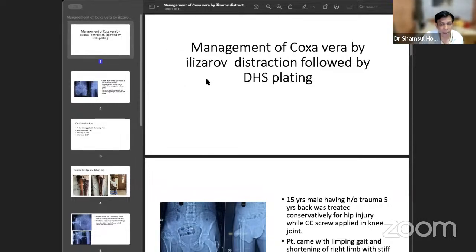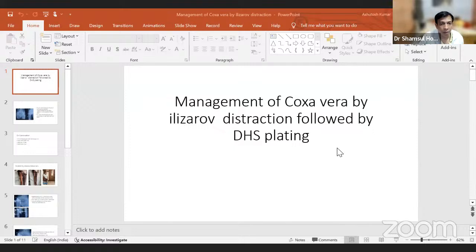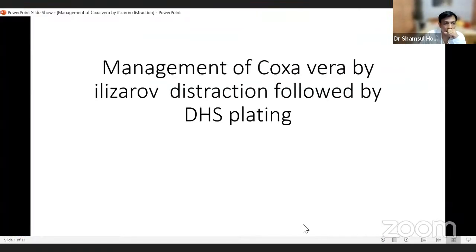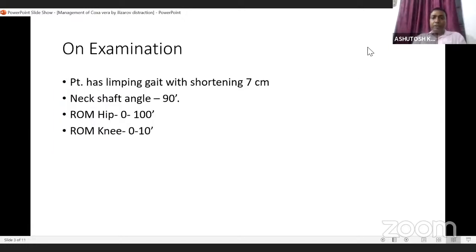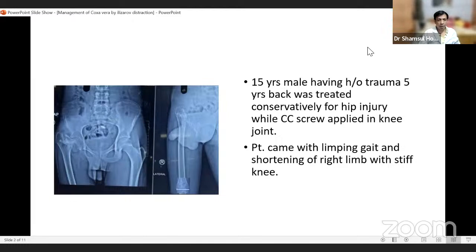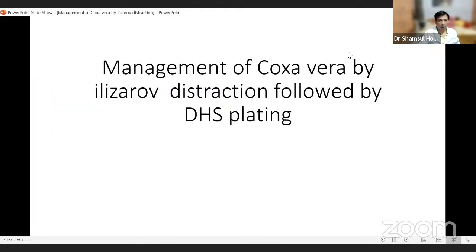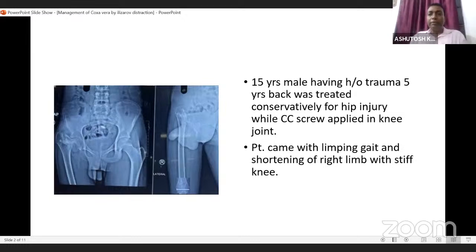This is the PDF that you shared with me. Just 1 minute, sir, I have a PPT. Please share. We cannot see a screen. Can anybody see the screen or not? Yeah, it is visible. We can see it.